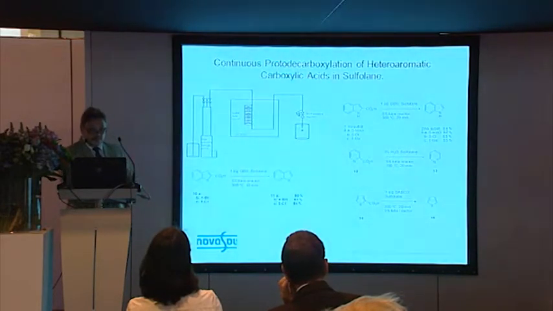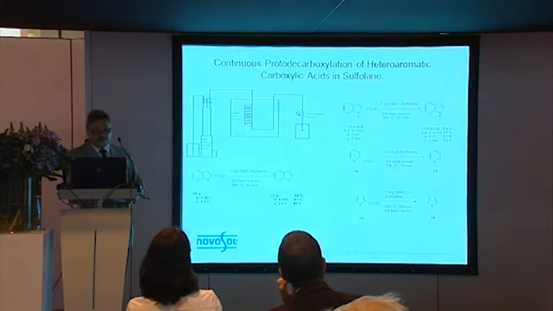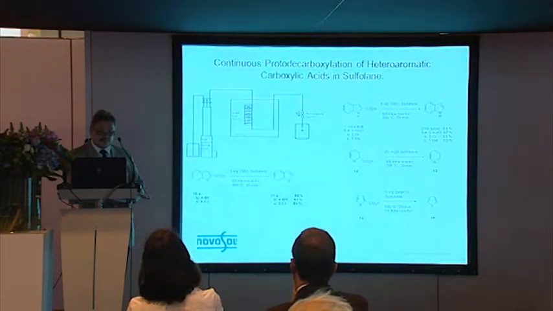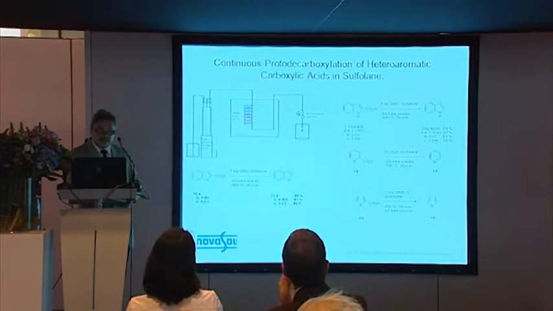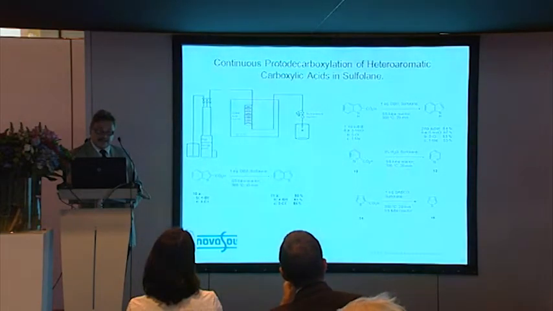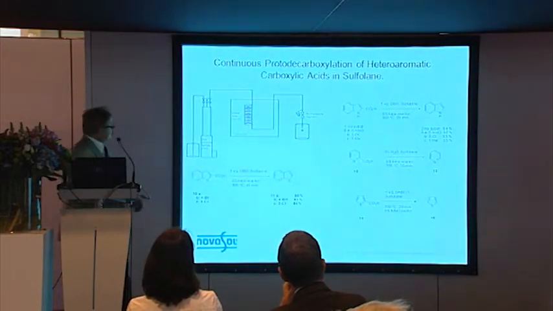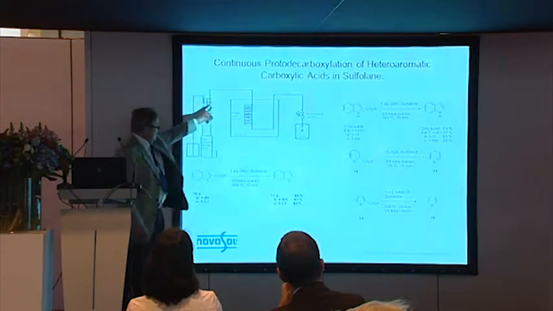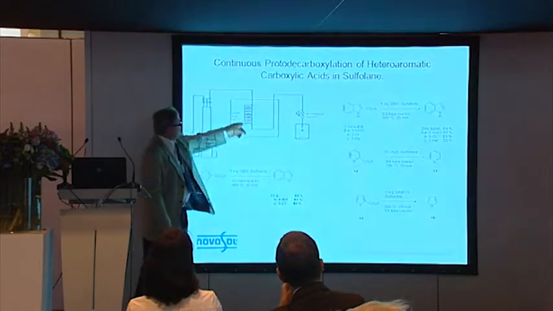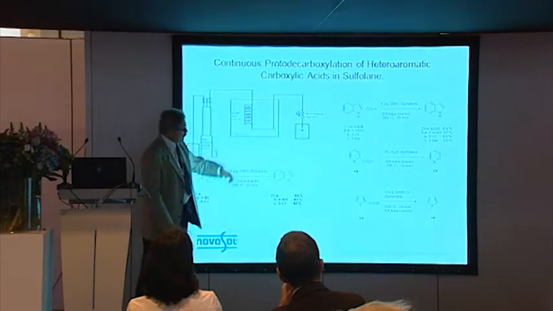So we have been working for some years now with continuous processes, and we have developed a continuous protodecarboxylation of heteroaromatic carboxylic acids in sulfolane. And what we use is a high-pressure syringe pump and a coiled tube reactor, which is in an oven.